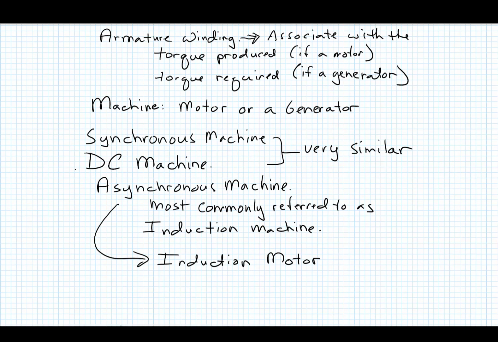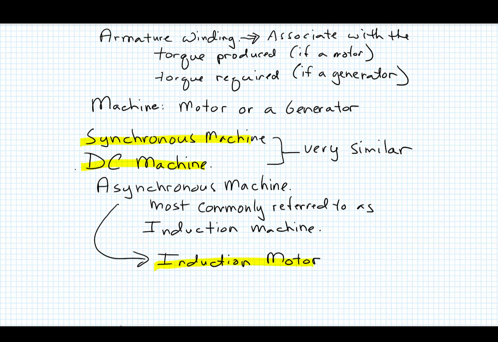So these are the three machine types we'll cover in this class. I know that I'm giving you a lot of hints of things to come, but there's a lot to unpack here, and so I'm going to start with the synchronous machine because it's really a very general machine.